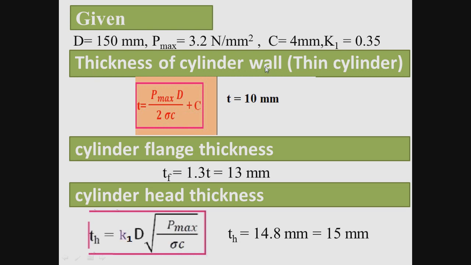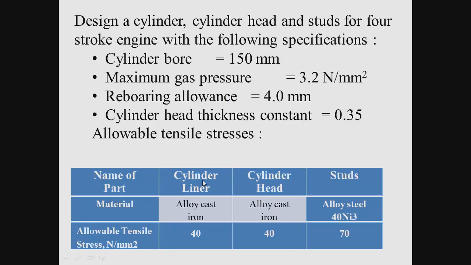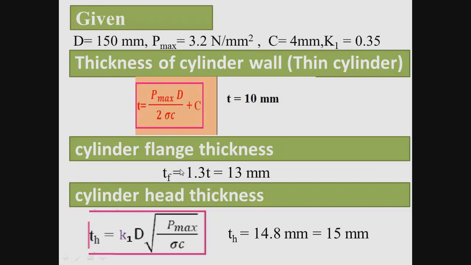First, let us find the thickness of the cylinder wall. Thickness of the cylinder wall is given by the formula T is equal to Pmax into D by 2 into sigma suffix C, plus C. So Pmax value is 3.2, D value is 150, sigma C, so it is cylinder wall, its allowable stress is 40 given in the problem.